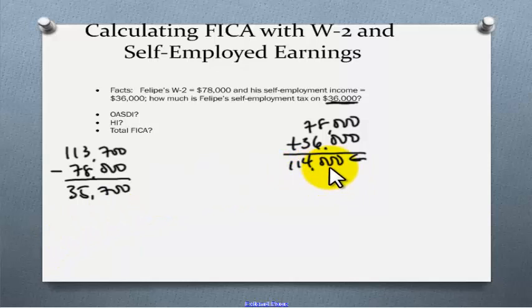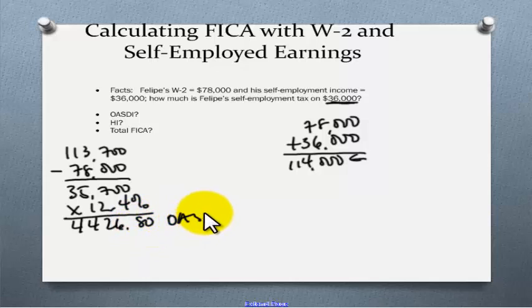This number is only $300 over the cap, right? So we'll take $36,000 minus $300 and we get $35,700. And then you're going to multiply that by the OASDI rate for self-employed, which is 12.4. Remember the 6.2 plus the 6.2. So if you do the math there, you get $4,426.80. So that's our OASDI.